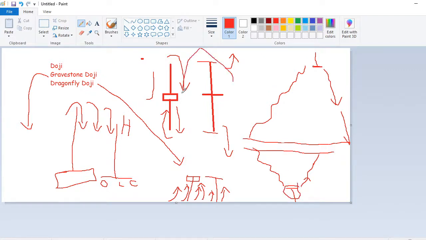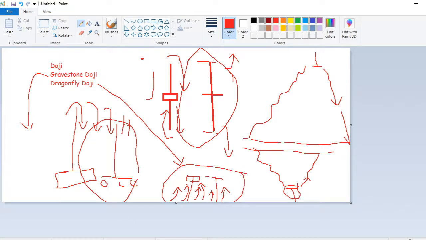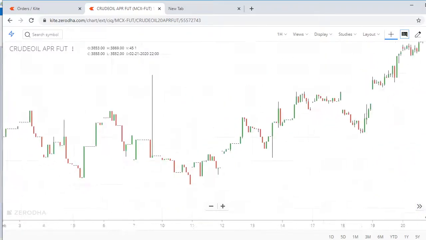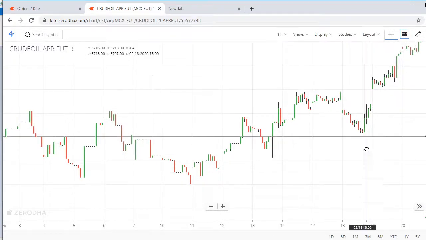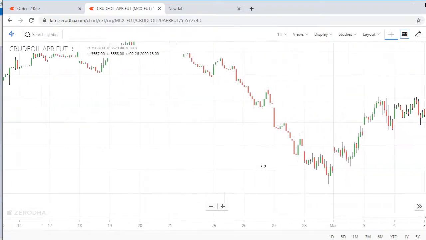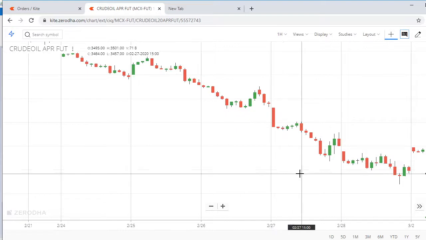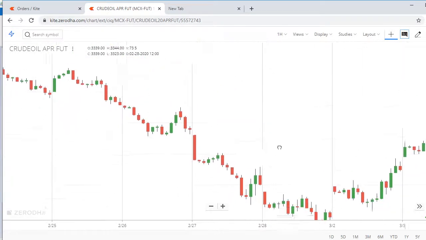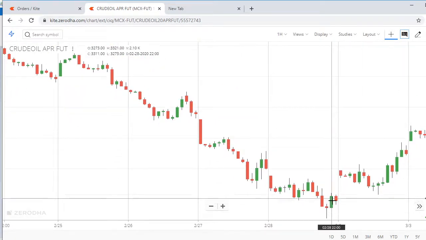This is a gravestone doji, and this is a dragonfly doji. Now let's see one example of a dragonfly doji. Perfect. Of course, it's a kind of hammer. We need a much better one.